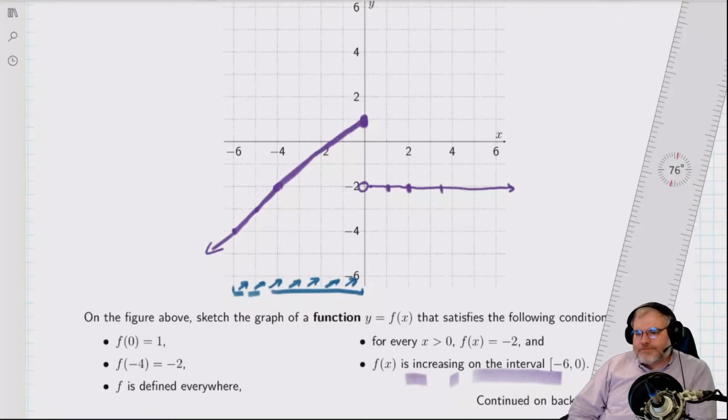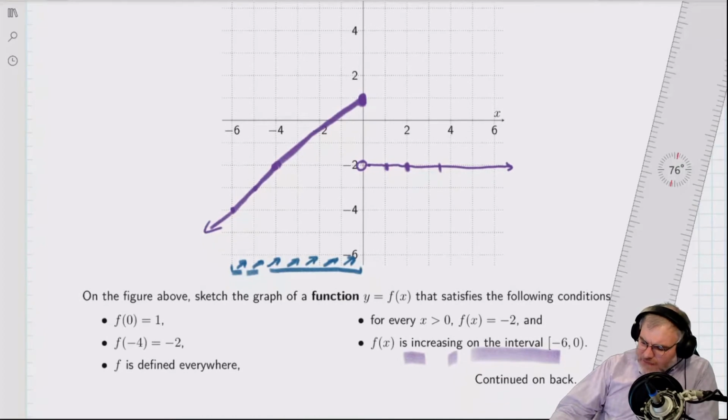And I know the interval of the increase because it goes from negative 6. F of x is increasing on this interval. That means when x is between negative 6 and 0, f of x is going up, so y goes up.